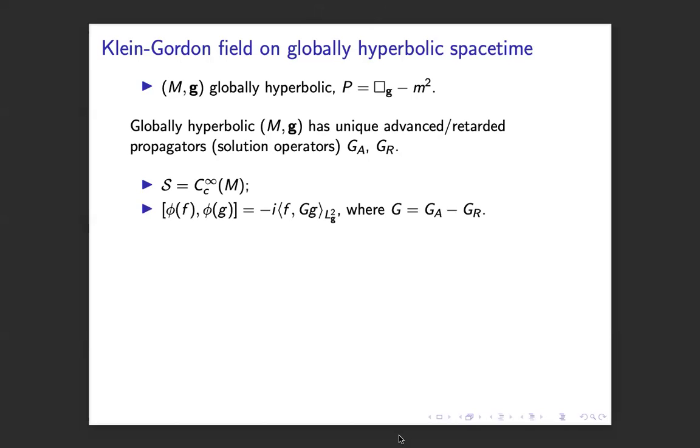The commutation relation in this case is given by the difference of these propagators with an i. And this does give you 0 on the range of P because these are two inverses of P. So if you apply this to P times any test function, you'll get 0.